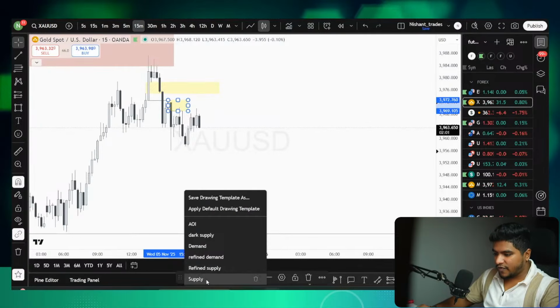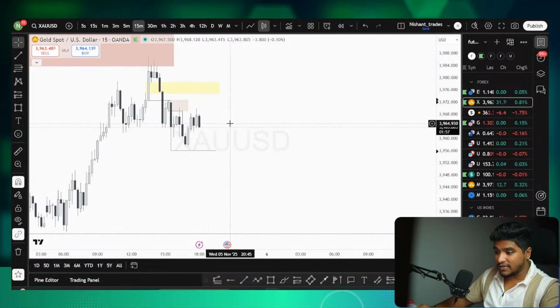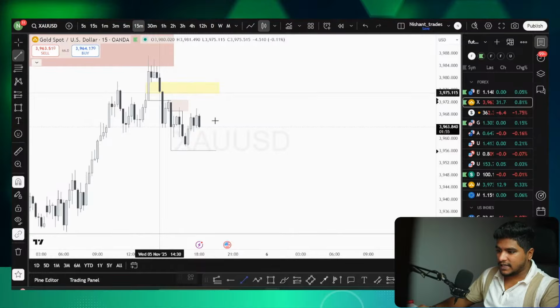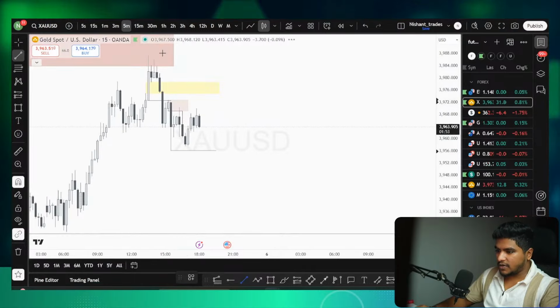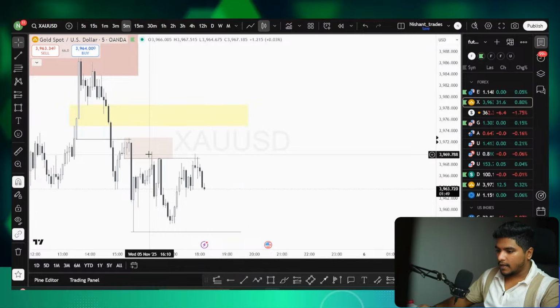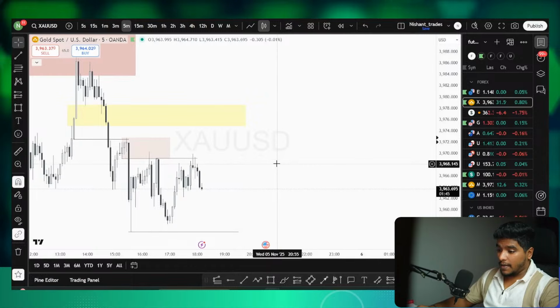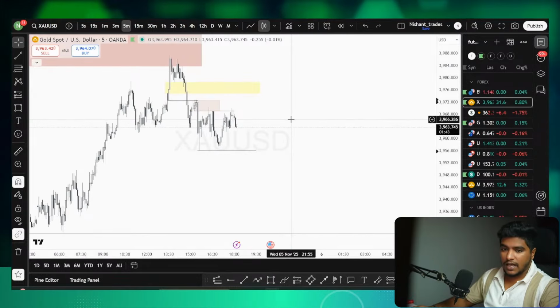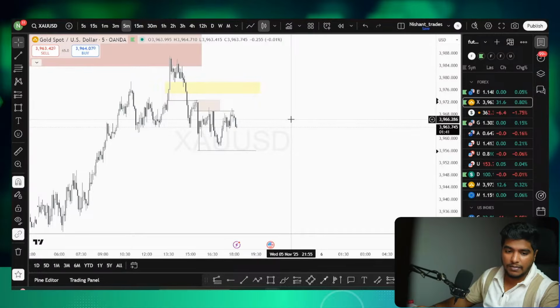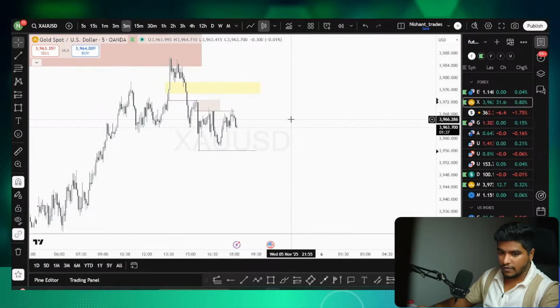Sellers failed to take out this low right here, which is our first available clear visible target. Price then tried to take out some internal range liquidity above this high, didn't take out this, and right now prices are selling. My bias and my intentions are bearish, and I will be looking for shorts. That is what I'm quite sure of.